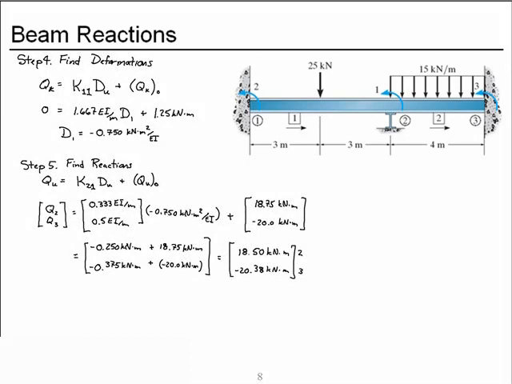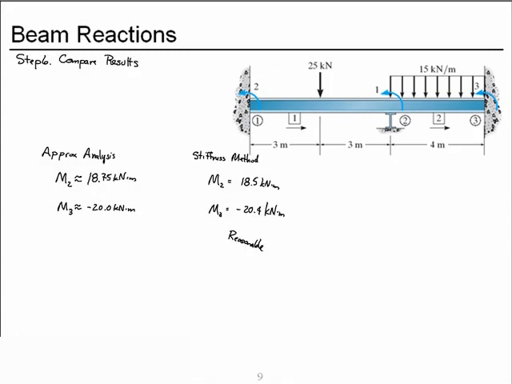In this case, there's only one unsupported degree of freedom that's a rotation, and that's degree of freedom 1. And then we found the two reactions given that deformation. We then compared our approximate analysis results to our stiffness method results, found that they were in fairly close agreement, and concluded that we have reasonable prediction of the moment reactions for this continuous indeterminate beam by using the stiffness method. Well done.